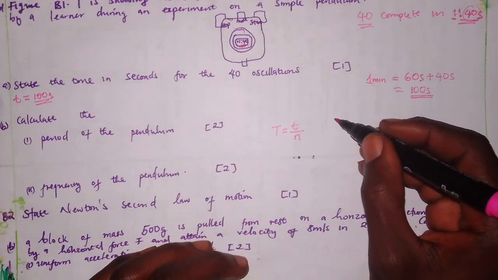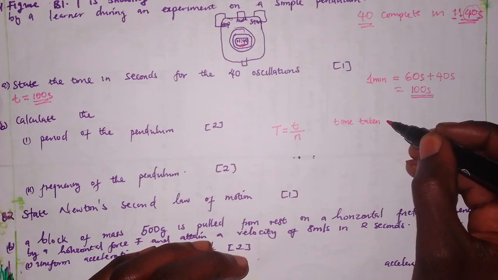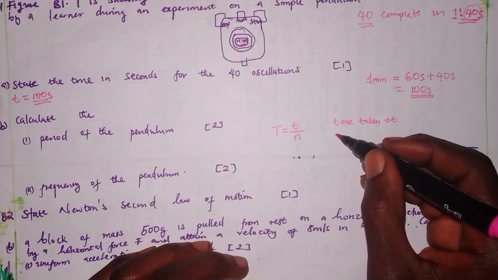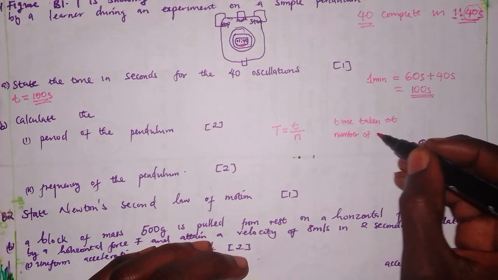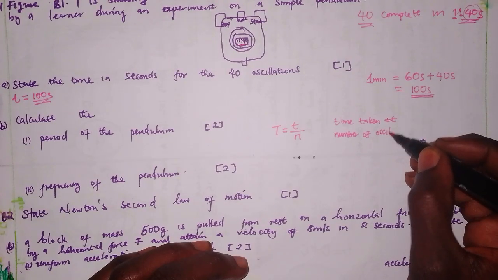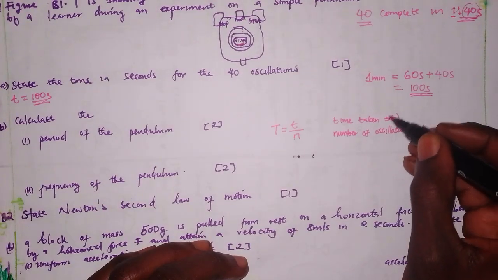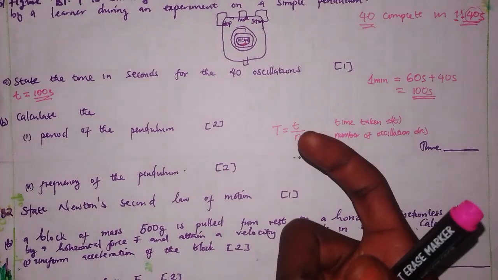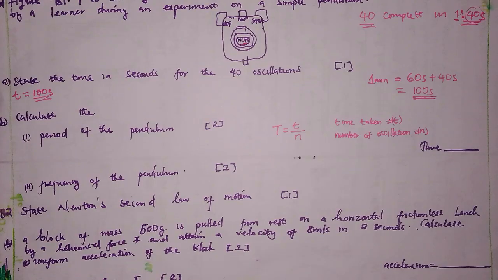So remember, t stands for time taken. Then we have n, which stands for what? Number of oscillations. So these are the two terms which you need to understand. And of course, this capital T stands for the period.